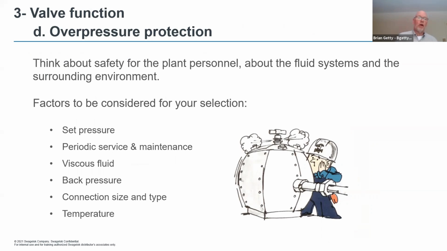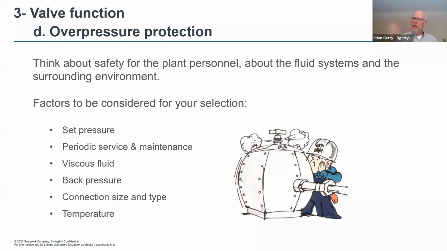Your overpressure protection valves, you want to look at your set pressures. Okay. And if it is being used as a safety valve, you may want to look at doing periodic maintenance to make sure that valve is functioning as it's supposed to. Something that's very, very important: is it a viscous fluid? Is it liquid asphalt, or is it a beer system?